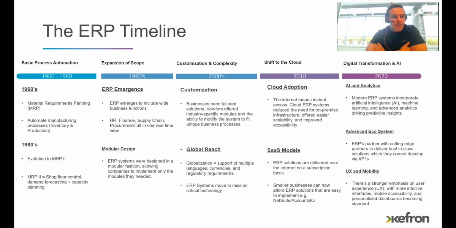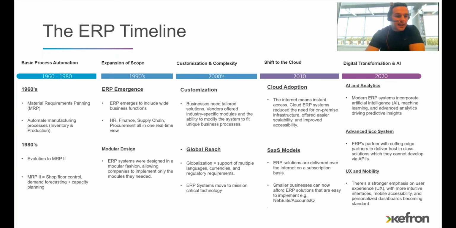The first evolution of an ERP system was actually an MRP system, a material requirements planning system. That system was very focused on automating manufacturing processes, which were traditionally very labor intensive, very manual, and relatively basic. Specifically, MRP systems were focused on manufacturing processes around inventory and production.